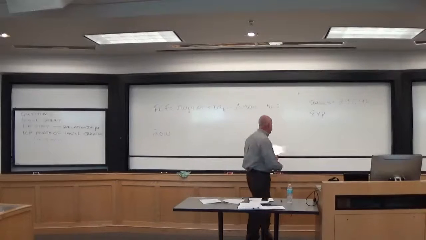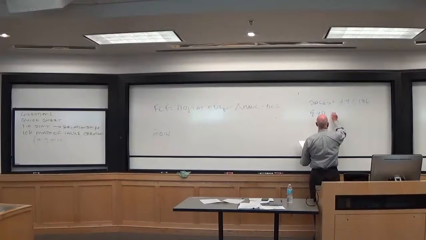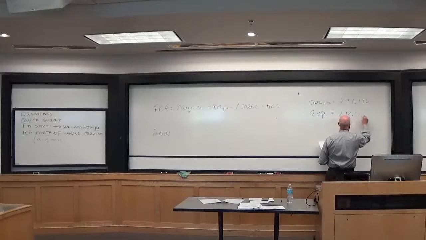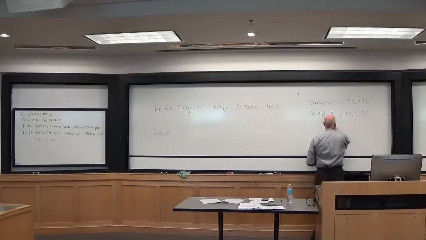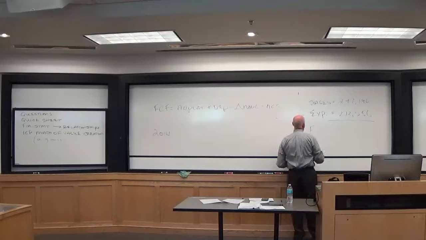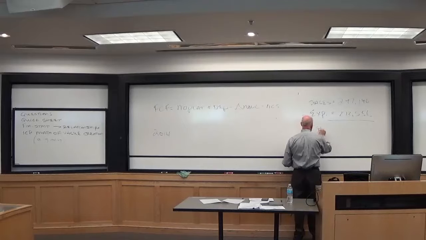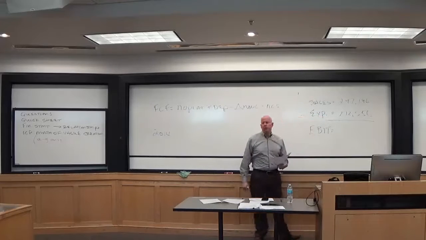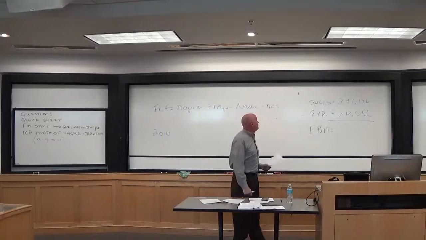And that's going to become 272,556. When we subtract these operating expenses from our gross revenues, we get EBIT, right?